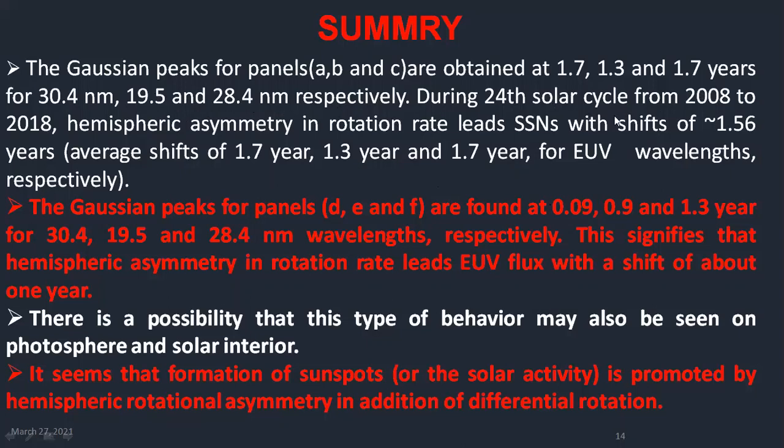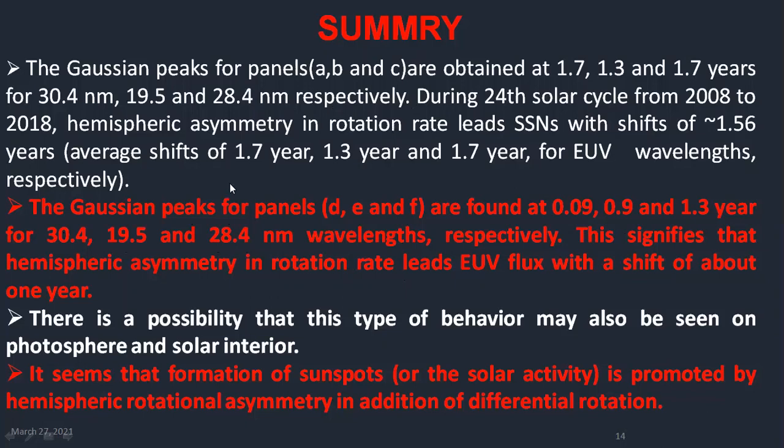So we can say that during the 24th solar cycle, the hemispheric asymmetry in rotation rate leads the sunspot numbers by about 1.56 years. In the same way, in the right panels, the Gaussian peaks occur at 0.09, 0.9, and 1.3 years respectively. So again, the hemispheric asymmetry in rotation rate leads extreme ultraviolet flux by about 1 year.